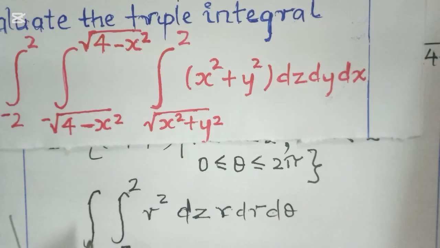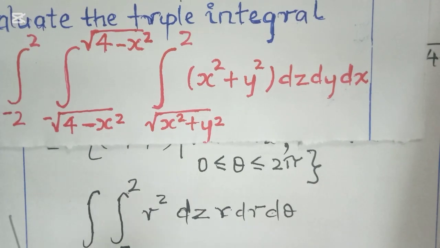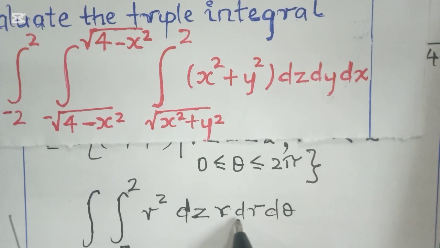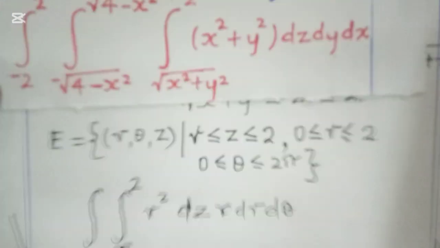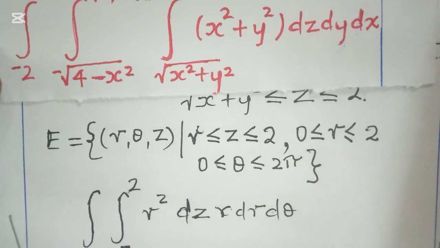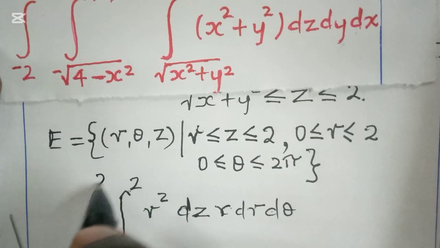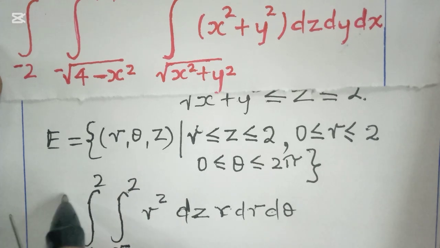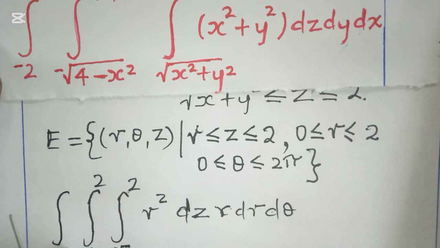So that now, guys, when I come here, I will choose this. With respect to dr, we shall have 0 to 2. With respect to d theta, we shall have 0 to 2 pi.